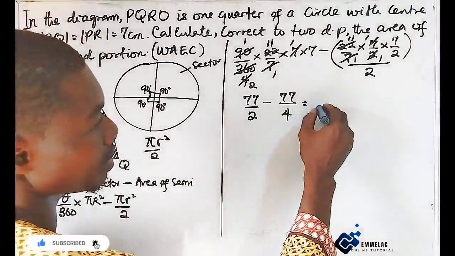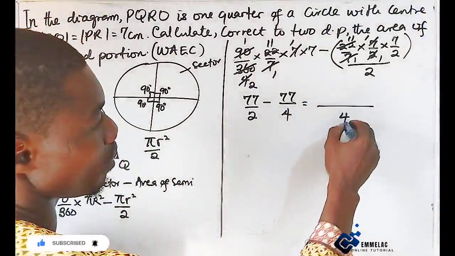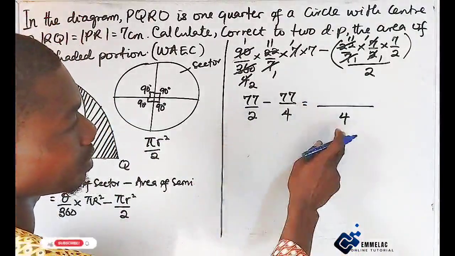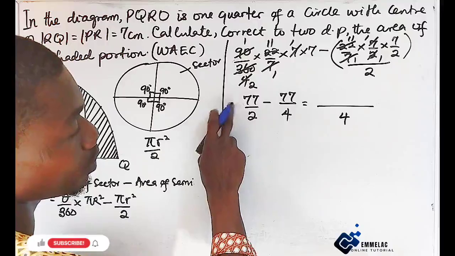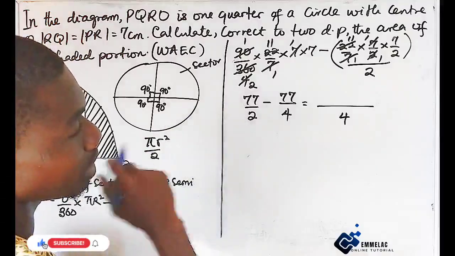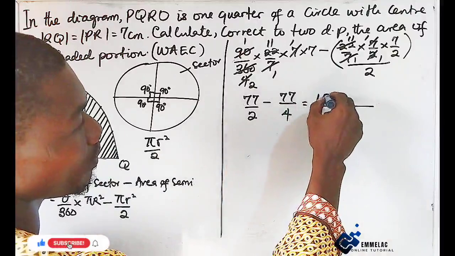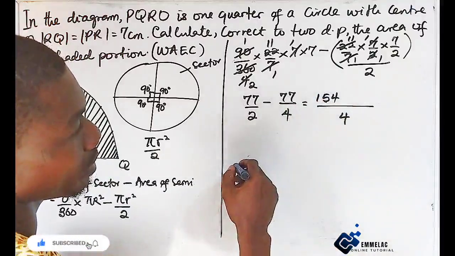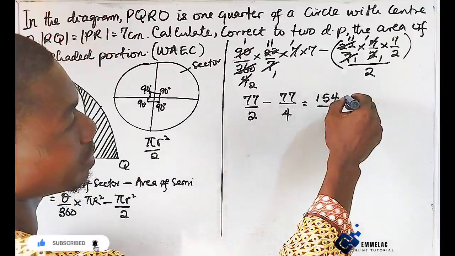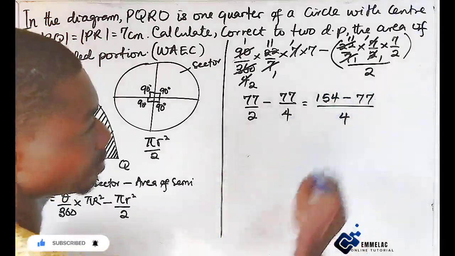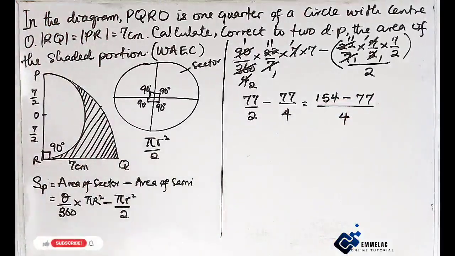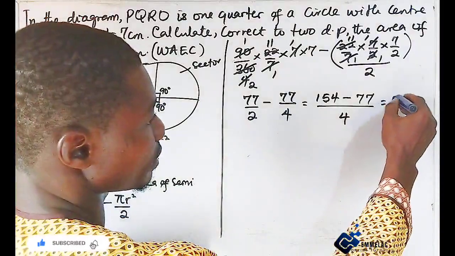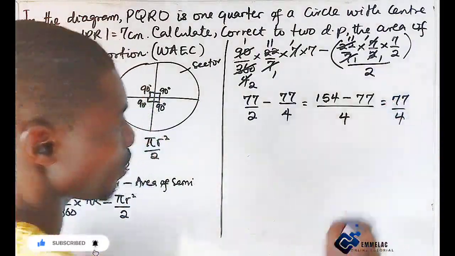Now let's just find the LCM. That would be 4, that would be 2. Now 2 times 77 should give us 154. Then minus 77. Now punching our calculator here, 154 minus 77 will give us 77 over 4.